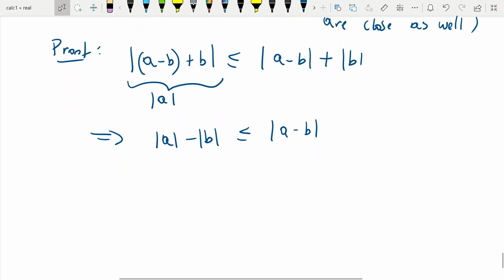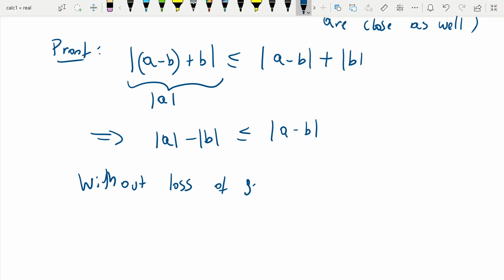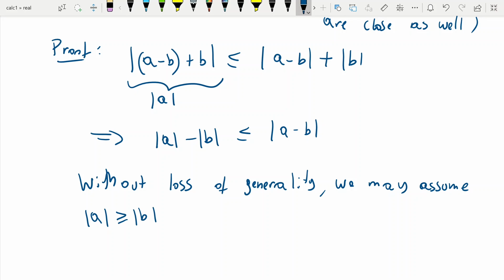actually, because without loss of generality, we may assume the absolute value of A is greater than or equal to the absolute value of B. If this is not the case, just do the same thing, but instead of writing A minus B plus B, you can write B minus A plus A, and do the same computation.